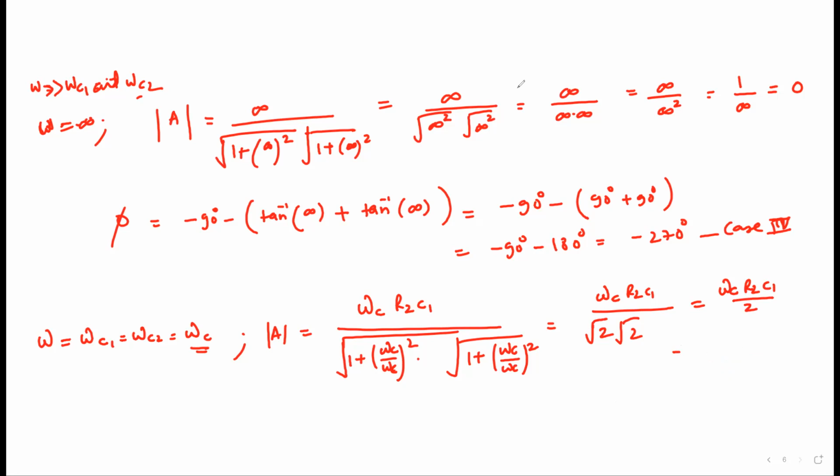And the angle would be minus 90 degree minus tan inverse of 1 plus tan inverse of 1 right here. So that finally takes the form of minus 180 degree. So when these two frequencies are equal, we assign it the value of minus 180 degree.